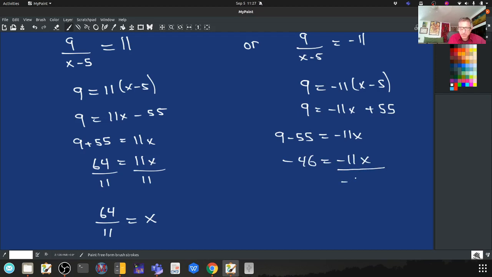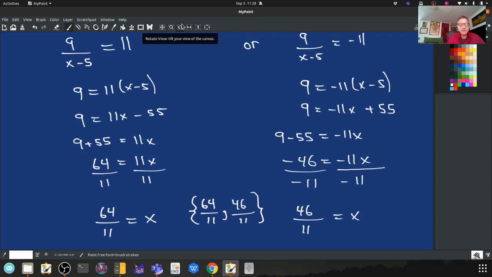Now I divide both sides by minus 11. So minus 46 divided by minus 11 is just 46 divided by 11, and that's equal to x. So my solution set is x has two values, not an interval, just two numbers. And that is it. Just two numbers.